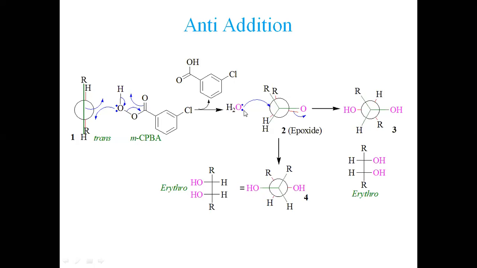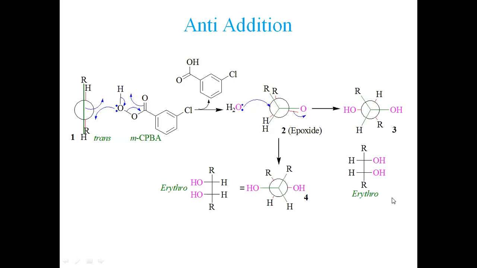Or the water can approach the front carbon, and the front carbon bond shall break. So in that case we shall get this possibility. This one is equal to this one, and this one is equal to this one.